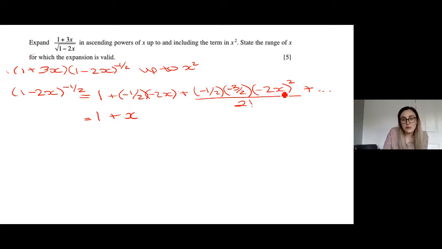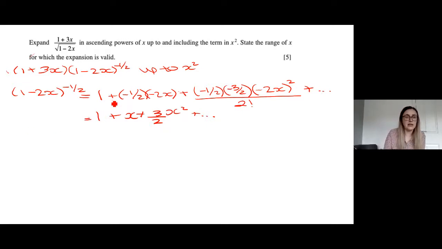And then this minus 2 squared is going to give me 4, so that's going to cancel out that 4. So I've got 3, and then this 2 is going to be left here. So that's going to give me plus 3 over 2 x squared. So that was squared, which gave me a 4, which cancelled out that 4. And then dot, dot, dot, because I'm done with that.